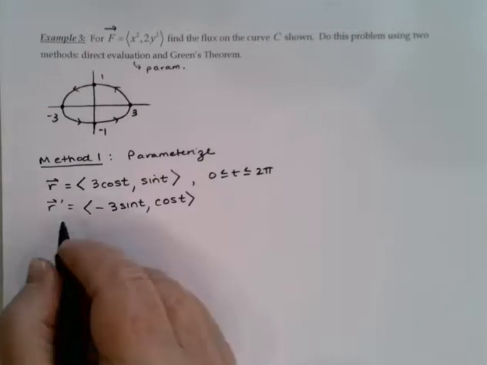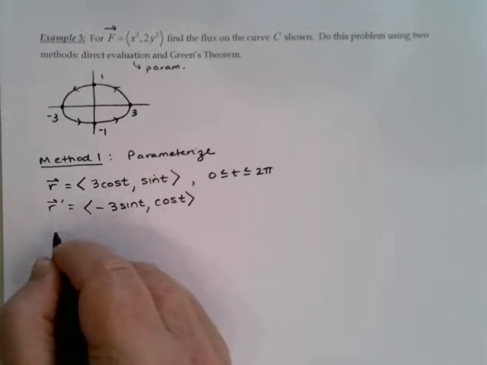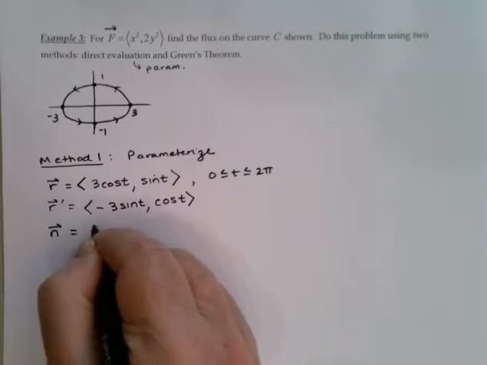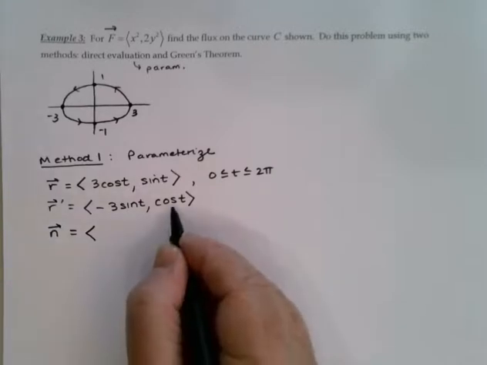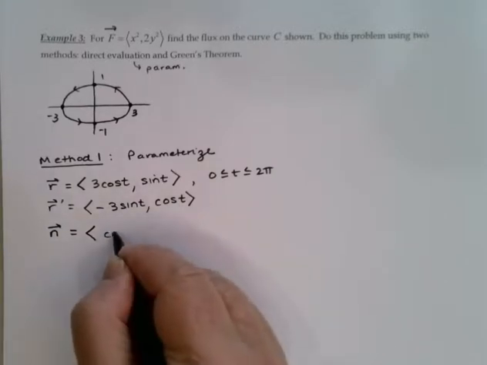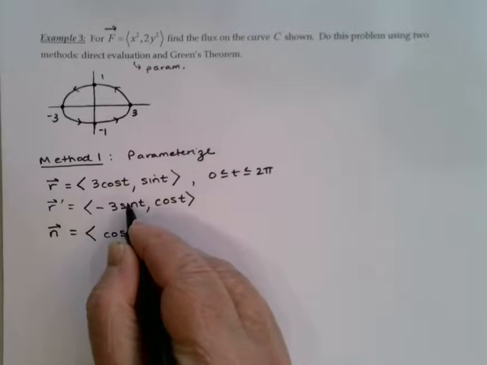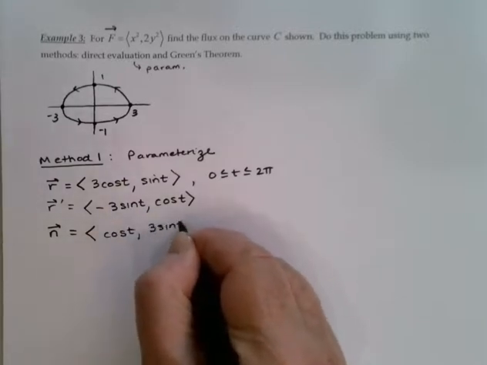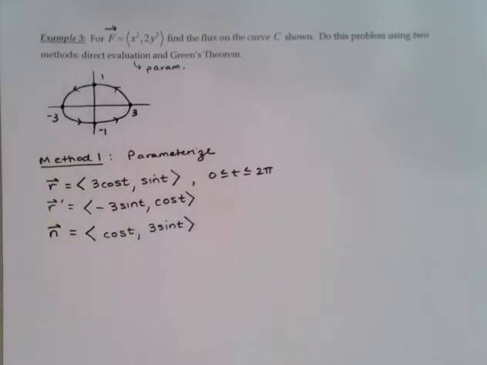All right. Because we're doing flux this time, we also need n. And remember, to get n, we swap these, so the cosine t becomes the first coordinate. And then we change the sign when we bring this one over, so positive 3 sine t becomes the second.